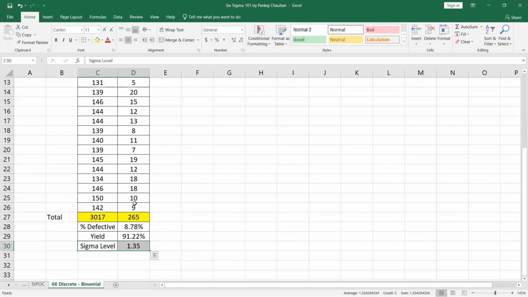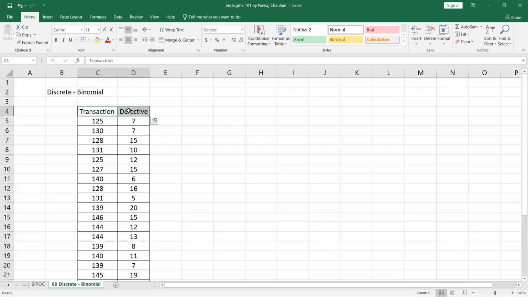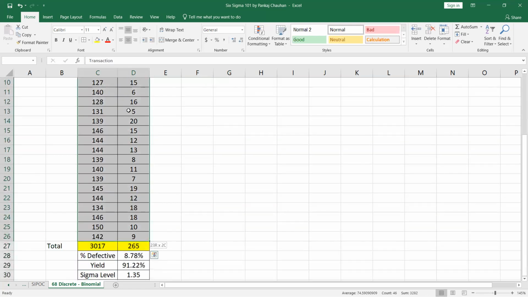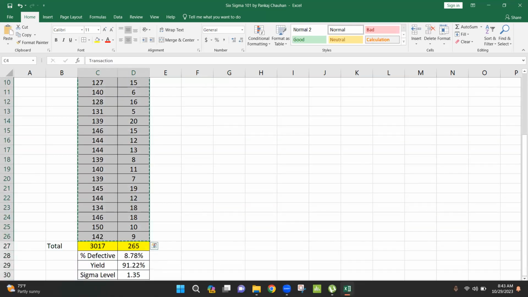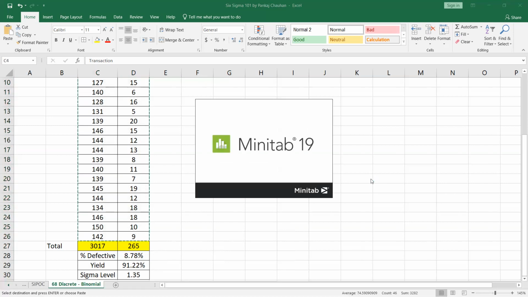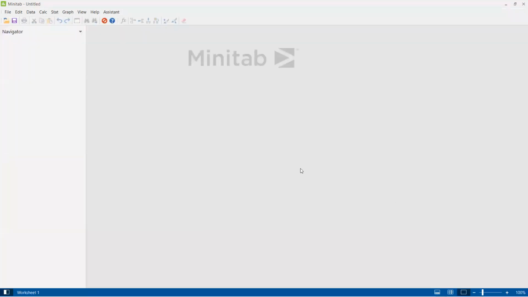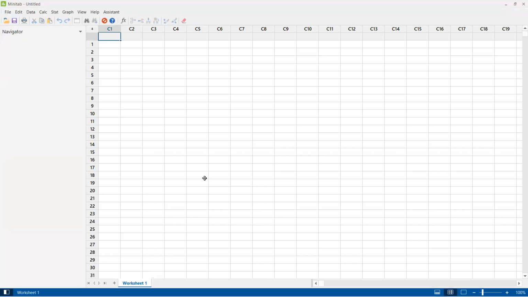Now I'll do the same calculation in Minitab. Using the same data, I open Minitab and simply paste the data in. Here is the data table.